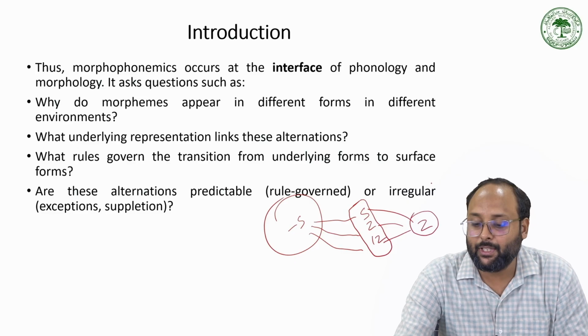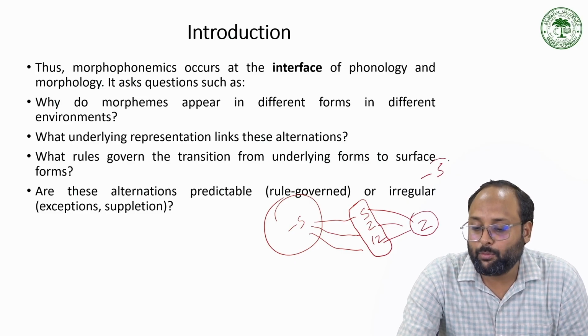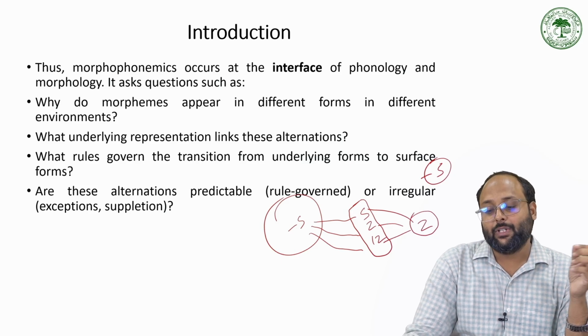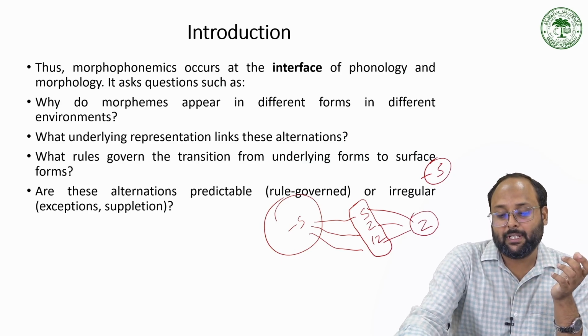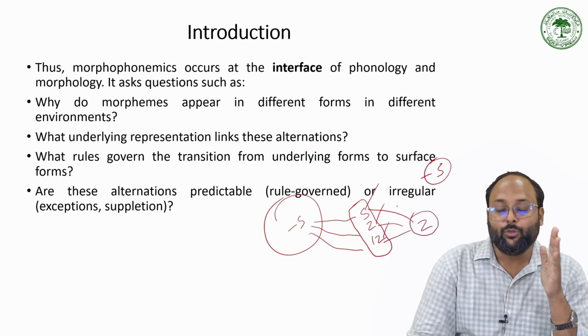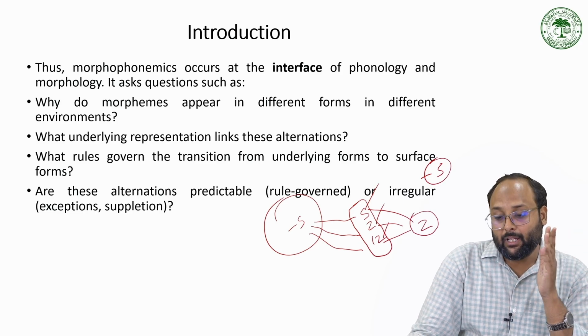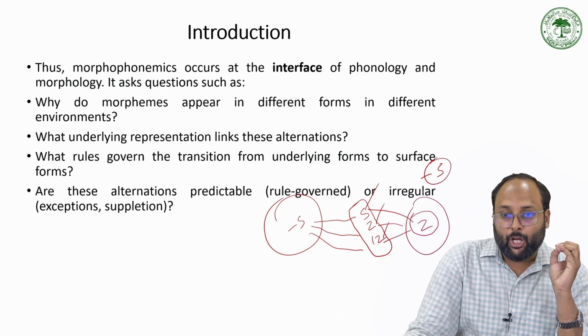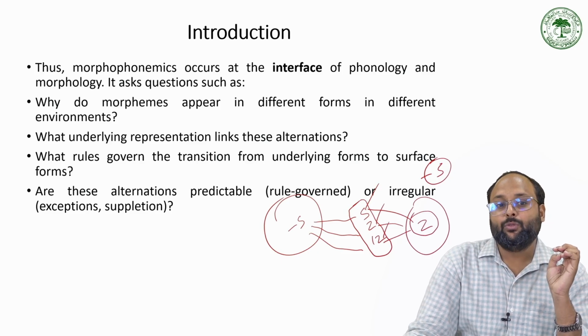So plural s means we have in our mind something like za, and it has different surface representations: sa, za, and is. These representations that come from the underlying representation za actually occur due to some rules.